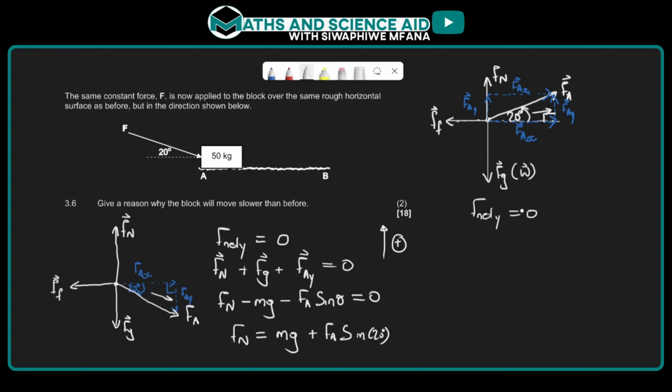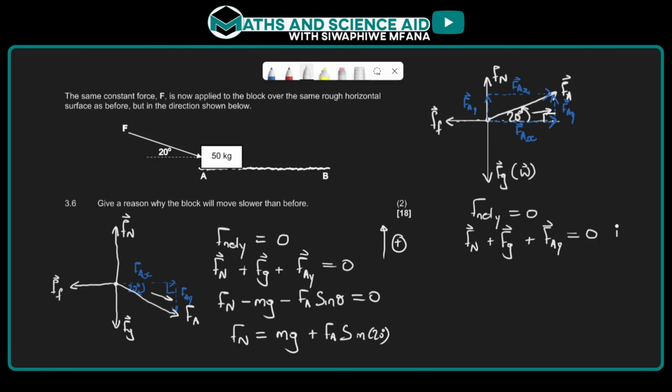And in this case, as we had already shown, this F net would be equal to the normal force Fn plus the gravitational force Fg, and then plus the y component of the applied force. Okay, and this must be equal to 0.